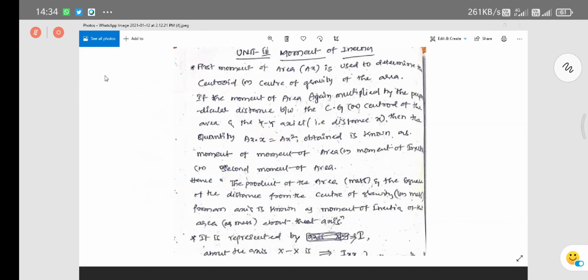So see here, how to find out? I will draw it and explain in the XY coordinate system. Take X and Y axis. Simple concept. Take any regular or irregular geometry.